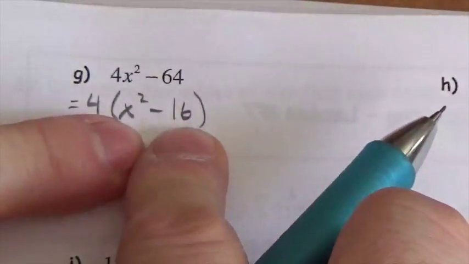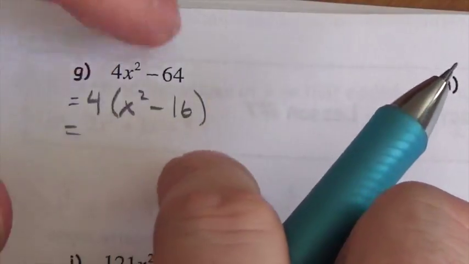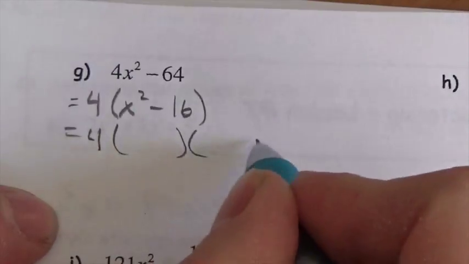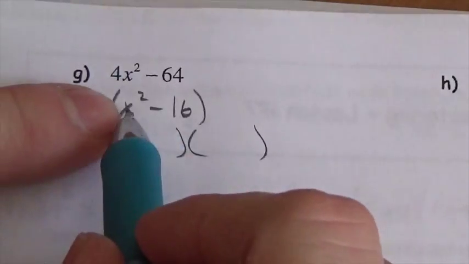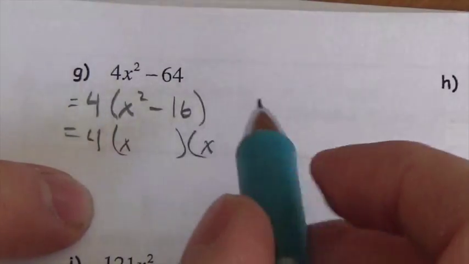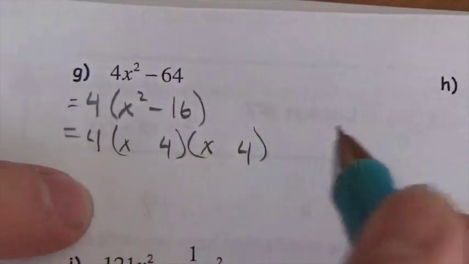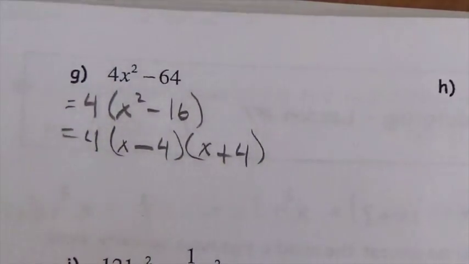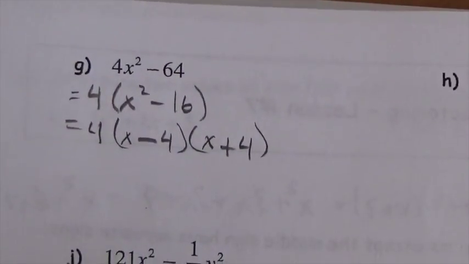Now, this is still a difference of squares. So even after I took out what's common, I've still got a difference of squares here. So that'll break apart into two binomials. x squared can be written as x multiplied by x. 16 is 4 multiplied by 4. And then because this is a difference of squares, I'm going to put a negative there and an addition there. And there you can see my binomial conjugates.